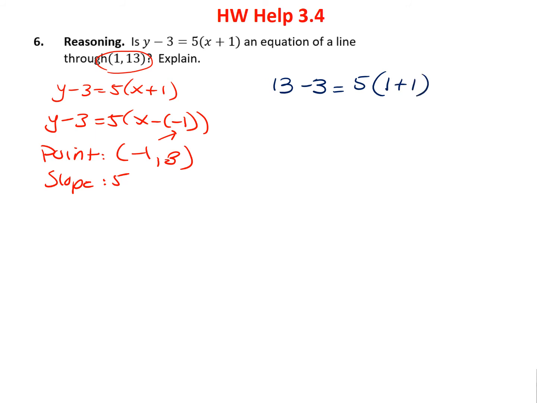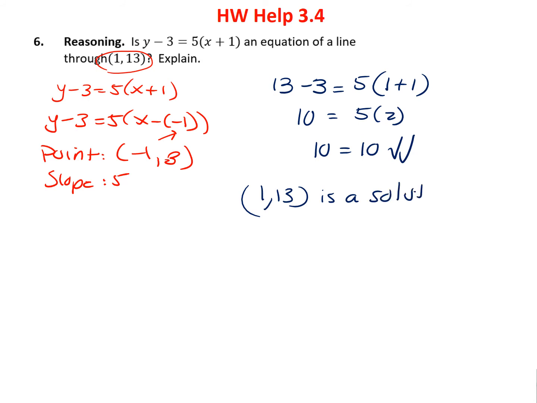So let's see if we get the same thing here. 13 minus 3 is 10, and this is 5 times 2, so I get 10 equals 10, which is a true statement. So therefore, I can conclude that (1, 13) is a solution to the equation, and that means it's on the line. It's on the graph of the equation.